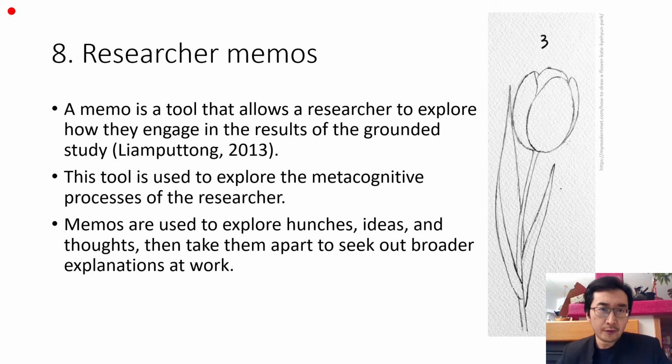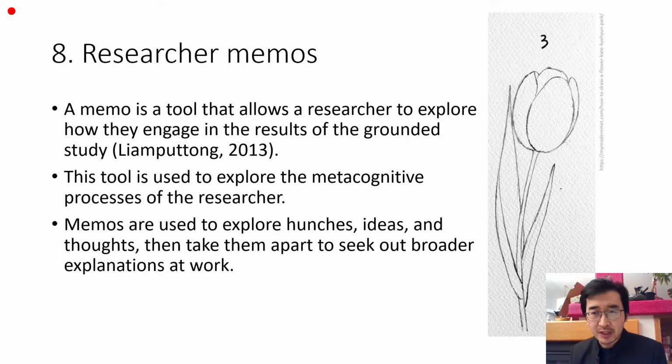This idea of research memos is interesting because it is a metacognitive tool that allows the grounded researcher to interact with the data, the participants, or the categories themselves. So basically, as hunches and ideas and concepts leap into the researcher's head, we write them down as a researcher memo.